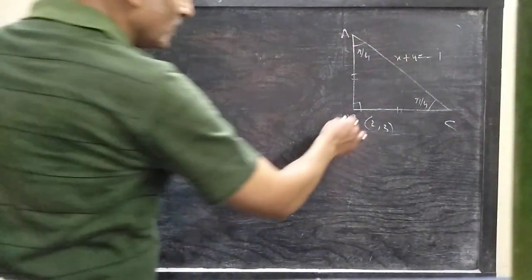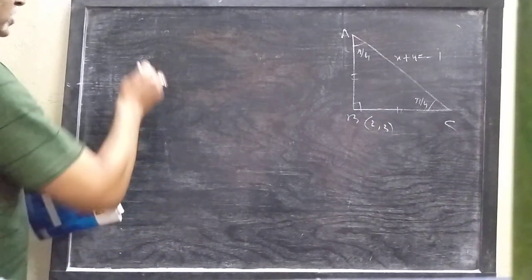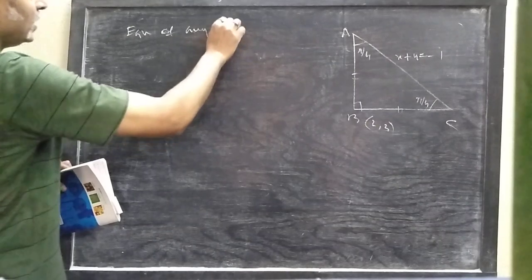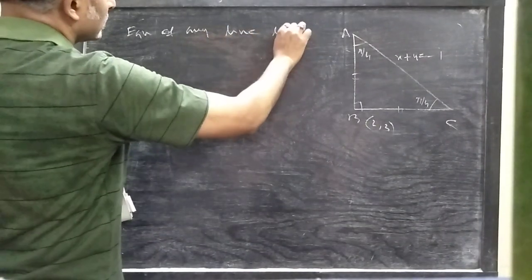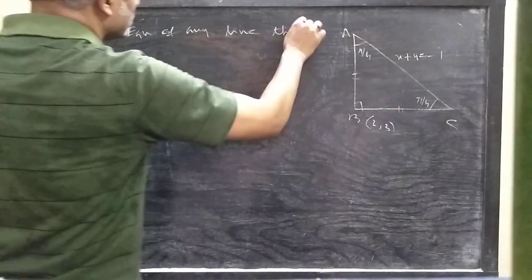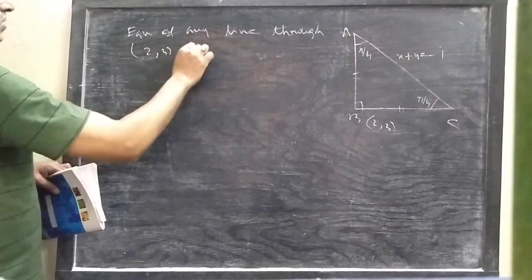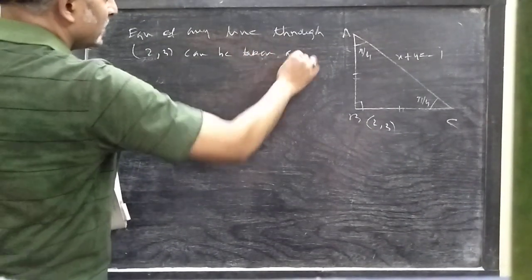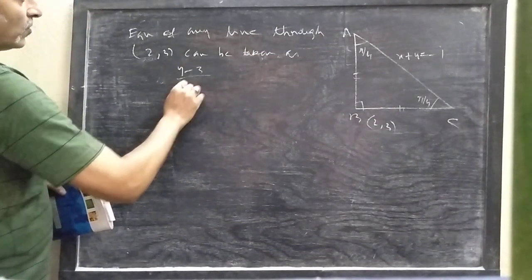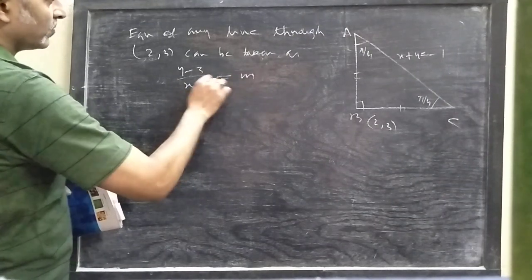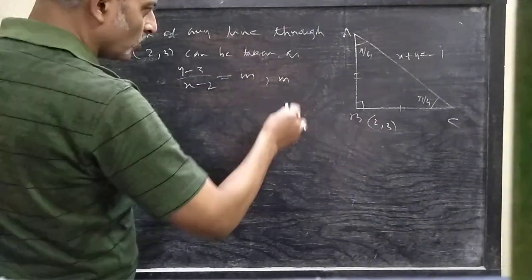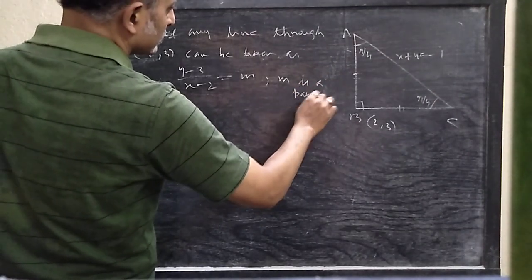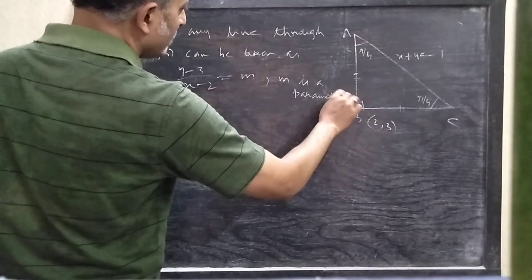Now look, the equation of any line through (2, 3) can be taken as (y minus 3)/(x minus 2) equals m. m represents the slope, which is a parameter, because m can take any value.